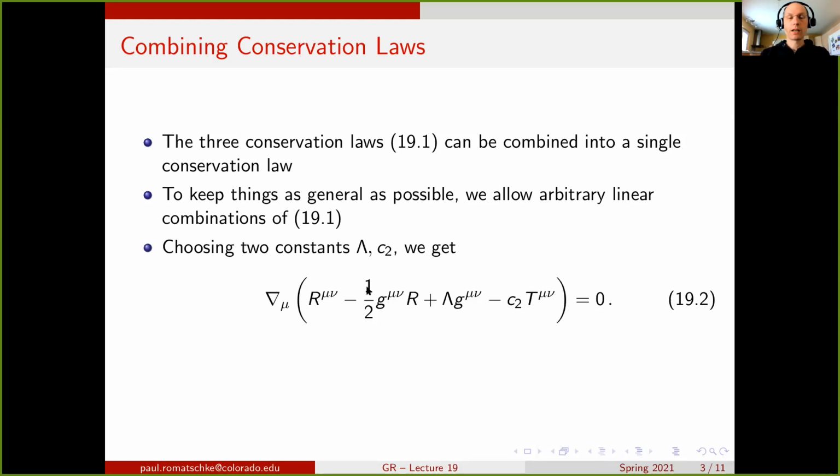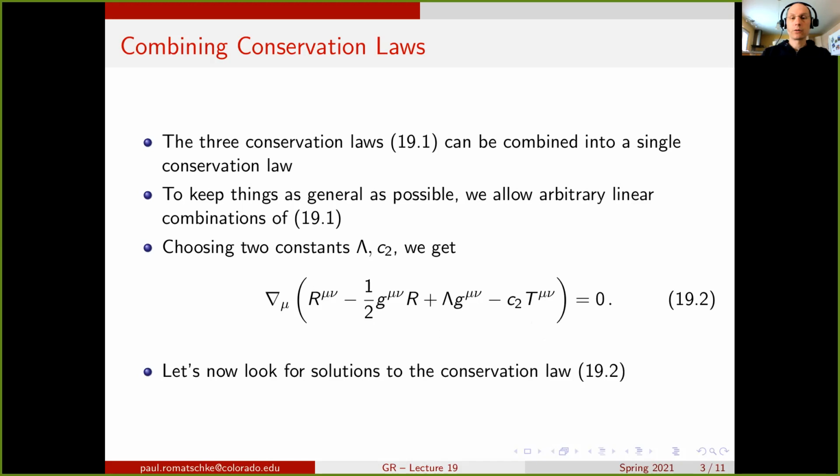If I choose the name of the two constants being lambda and C2, then the form of the conservation law is that I chose unity for the first constant that multiplies this conservation law involving the tensors R. Then for the metric tensor, I chose the coefficient to be lambda, and for the energy momentum tensor, I chose the constant to be minus C2, where the minus sign is convention and will become clear later on.